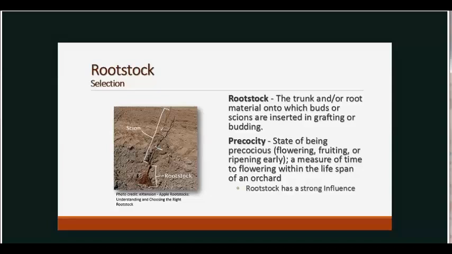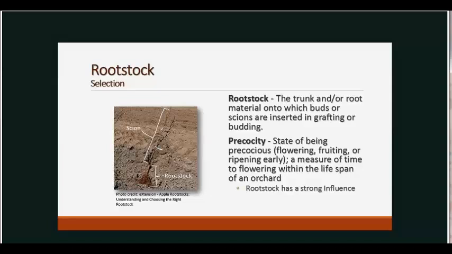Another word that I'll be using quite a bit is precocity. And this is how likely or how soon does something come into fruiting. And so when we say that a cultivar is highly precocious, that means that it very quickly comes into fruiting.